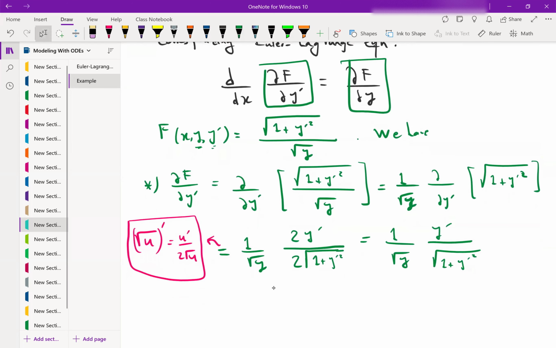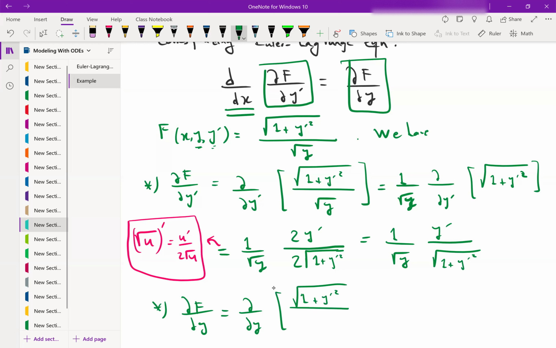Awesome. Now, what about partial f partial y? Very soon I will compute d dx of partial f partial y prime, but let me first compute partial f partial y. This is equal to partial y of the square root of 1 plus y prime squared divided by the square root of y. Since we are taking the derivative with respect to y, the square root of 1 plus y prime squared is a constant.